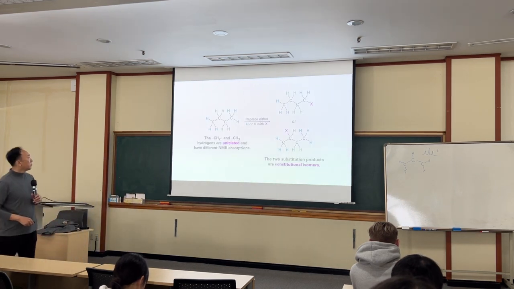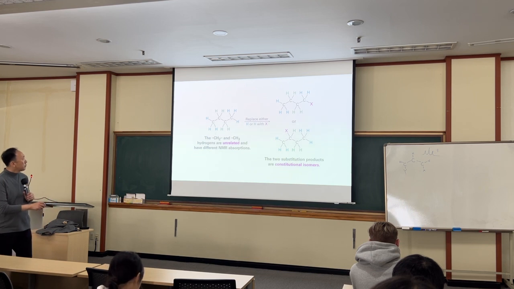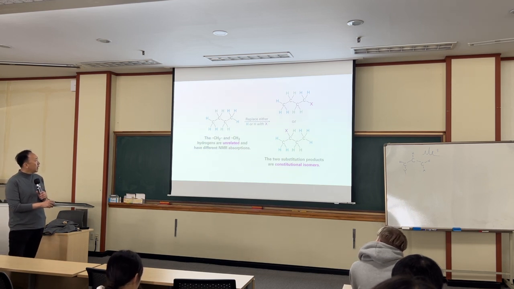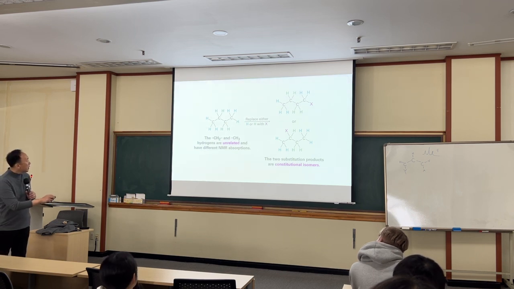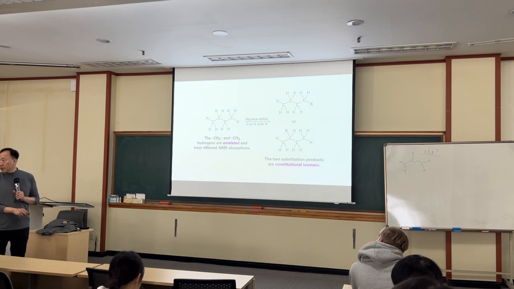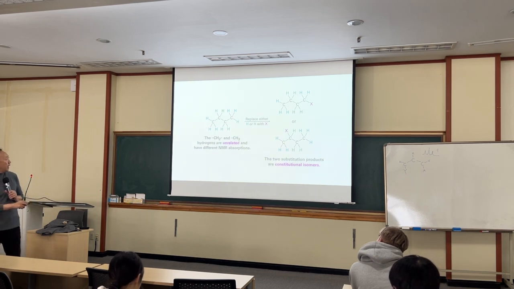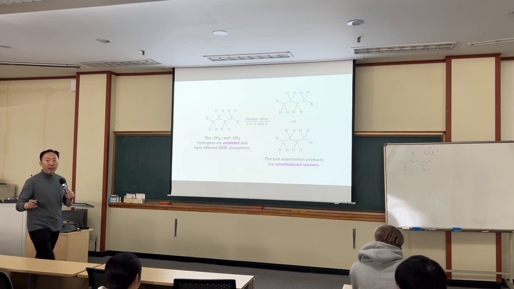Now, if you look at here, this proton and this proton, the green one and blue one, they are not identical. They are in different positions. They are not related. Among these greens, they are identical, symmetric. Blues, they are identical, but green and blue are not identical.